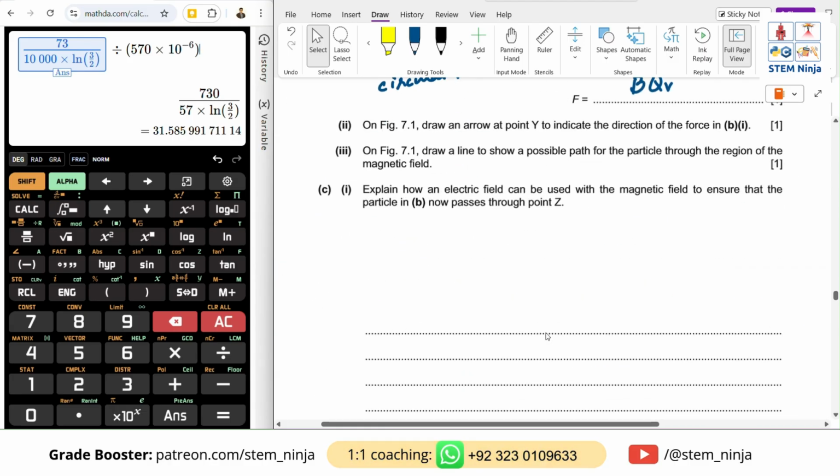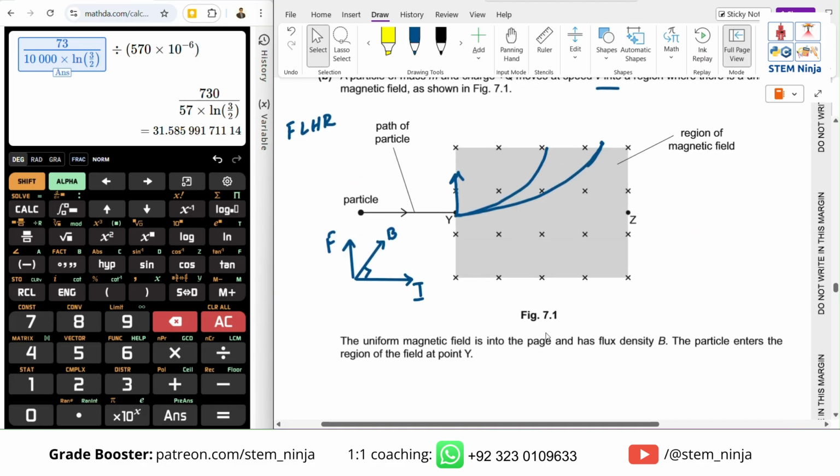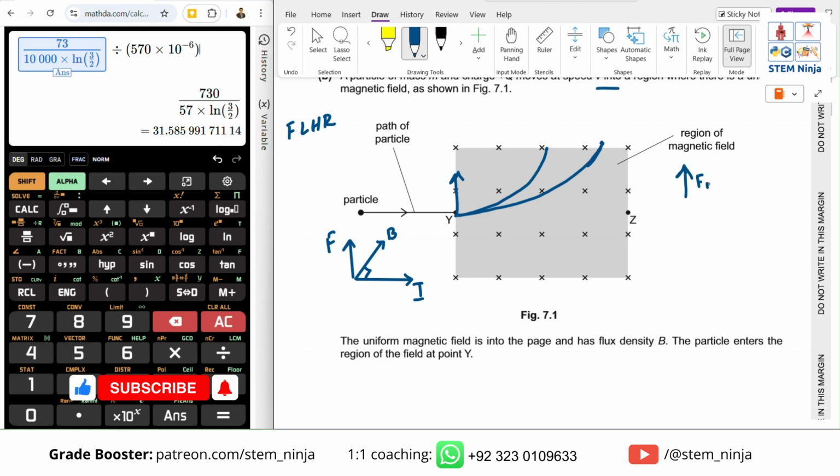Explain how an electric field can be used with the magnetic field to ensure that the particle now passes through point C. So this is the velocity selector. If the magnetic force is going upwards, we need an electric force going downwards of equal magnitude so that the net force FB minus FE comes out to be 0.